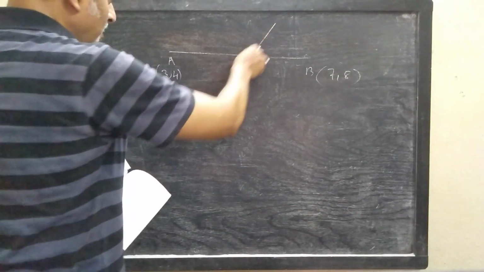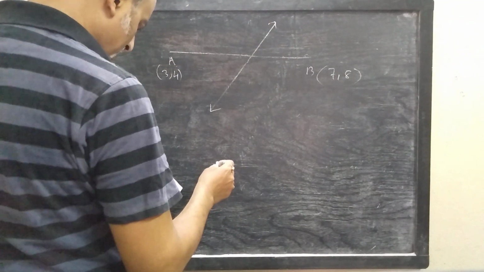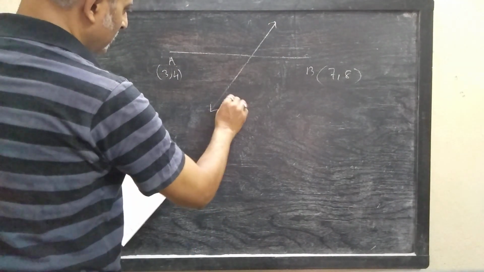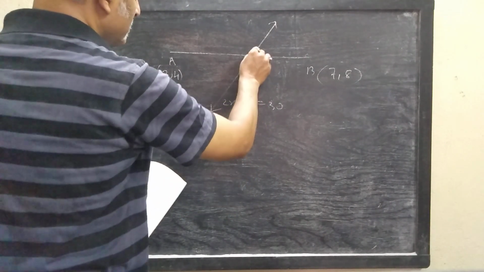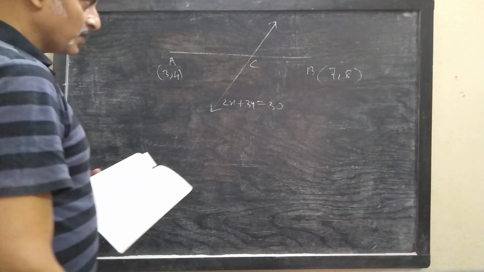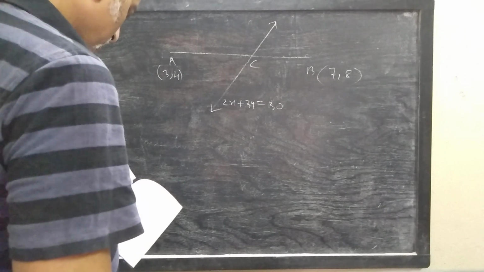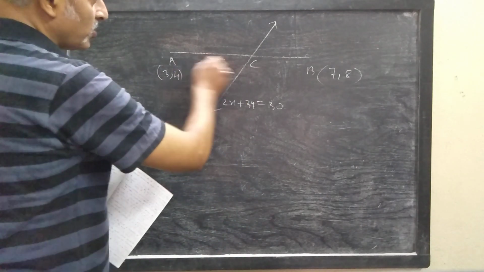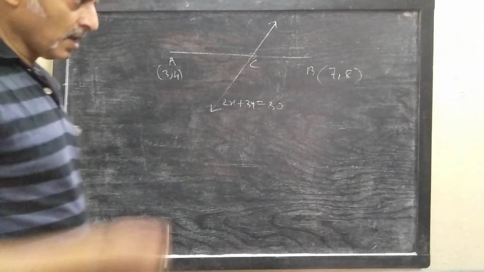A line having equation 2x plus 3y equals 30 divides AB at the point C. You are asked to find the ratio into which C divides AB and the coordinates of the point C.